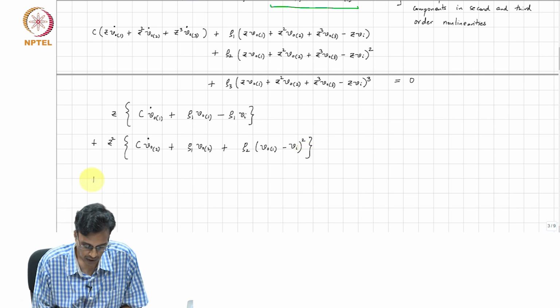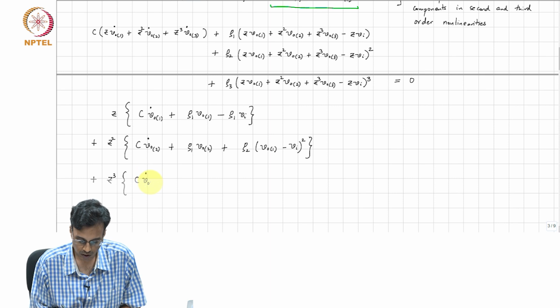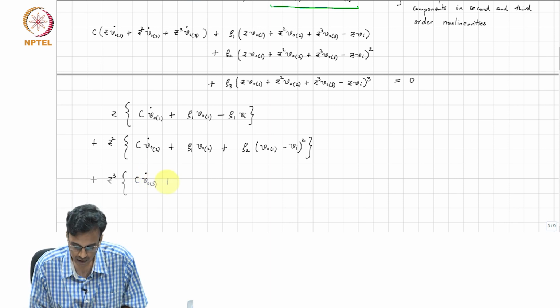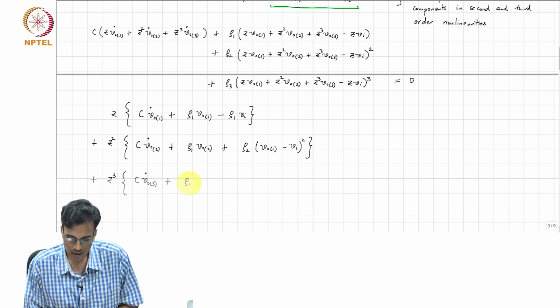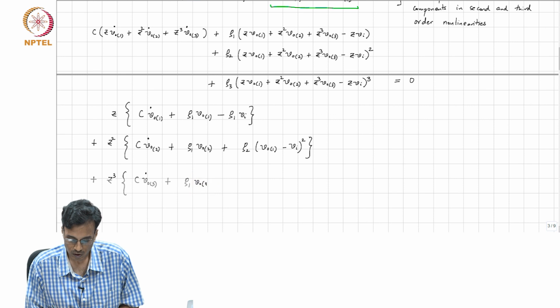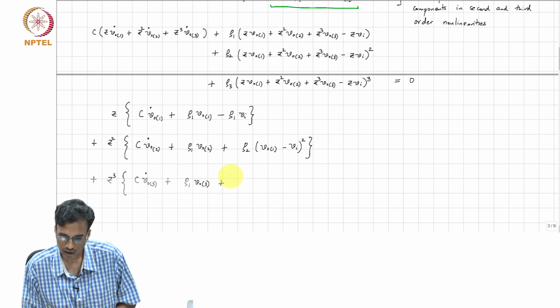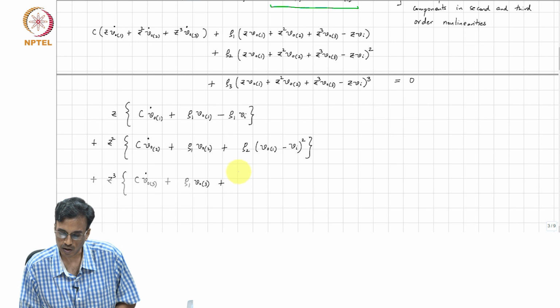All right. Plus Z cube times C V03 dot plus G1 times V03 plus, with G2, we should see if we should expect any third order term.